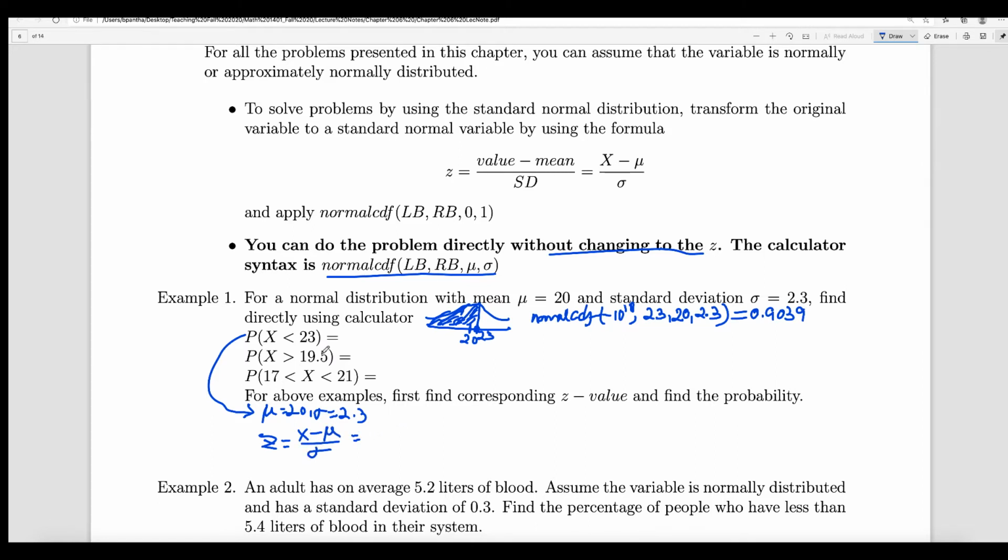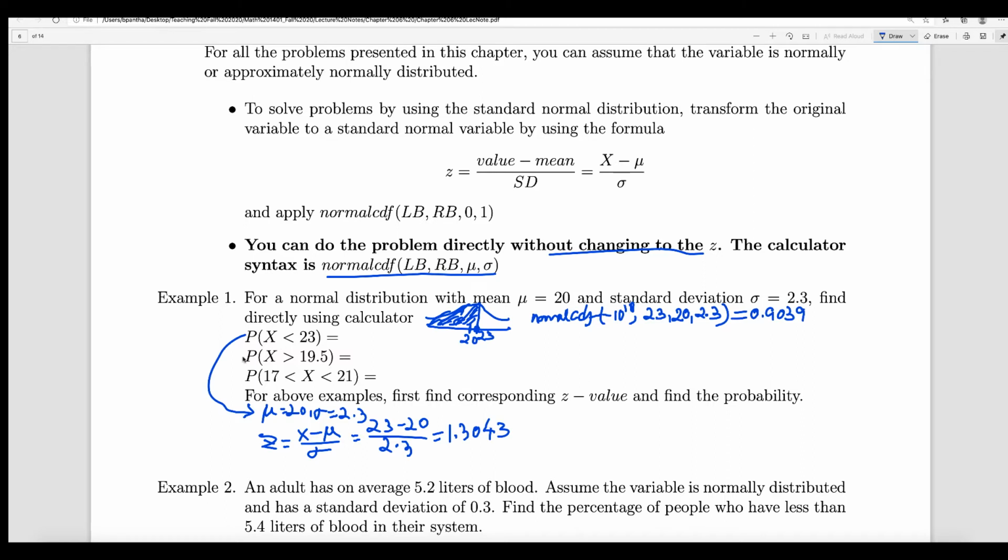That will be 23 minus 20 over 2.3. If you use a calculator for that, you get 1.3043. That's what you get for g.